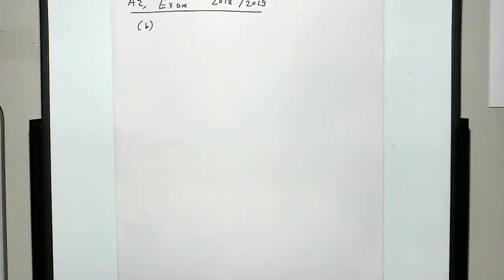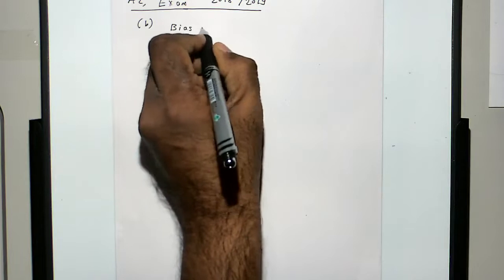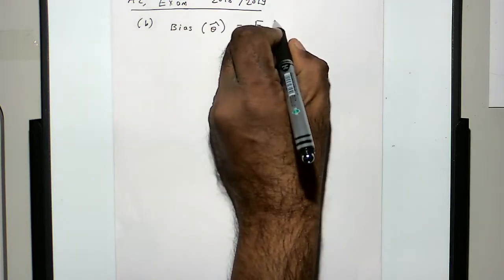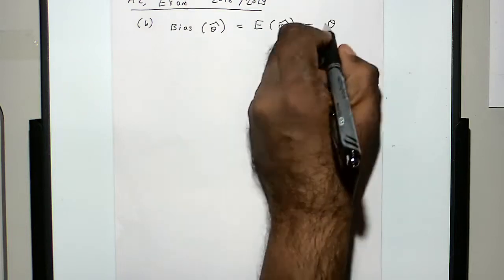You have a random sample from an exponential distribution with parameter 1 over theta. You have theta hat equal to n times the minimum, a possible estimator for theta. The first part is to derive the bias of theta hat. Remember, the bias is defined as the expectation of theta hat minus the parameter that you're trying to estimate.